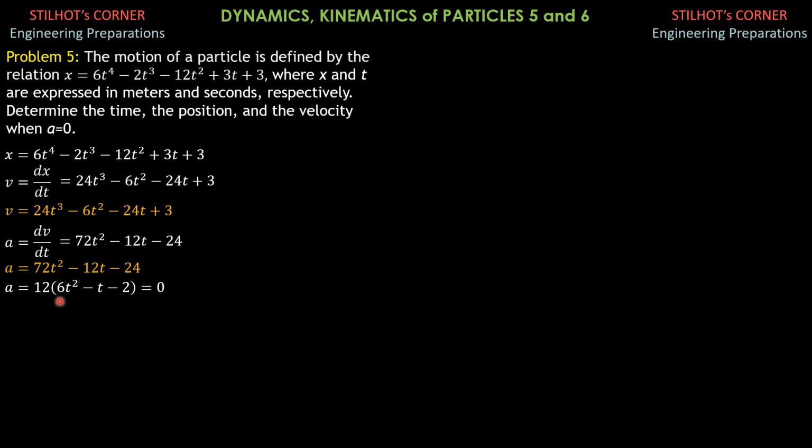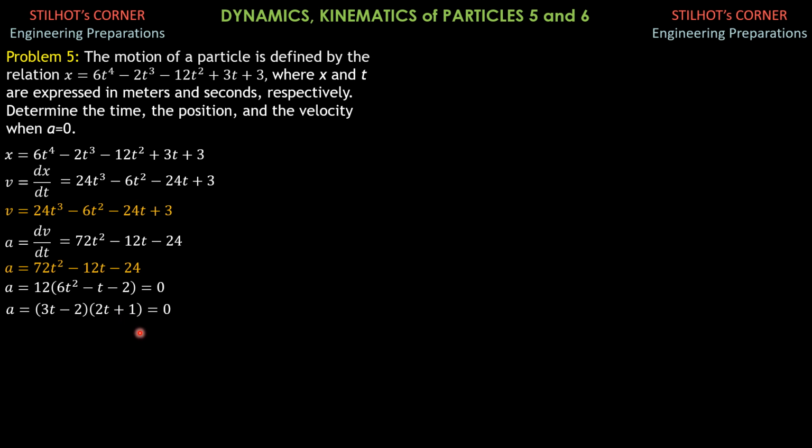So let's factor this into 3t and 2t. So 3t times quantity minus 2, then 2t plus 1 equals 0, or you may use your calculator and the quadratic formula to evaluate the time.